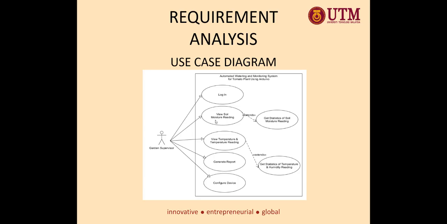User is also able to generate the table of report in real time. And lastly, the garden supervisor is able to configure the device according to his or her preferred settings in terms of the soil moisture ideal reading, and also the time for the device to take the sensors reading.